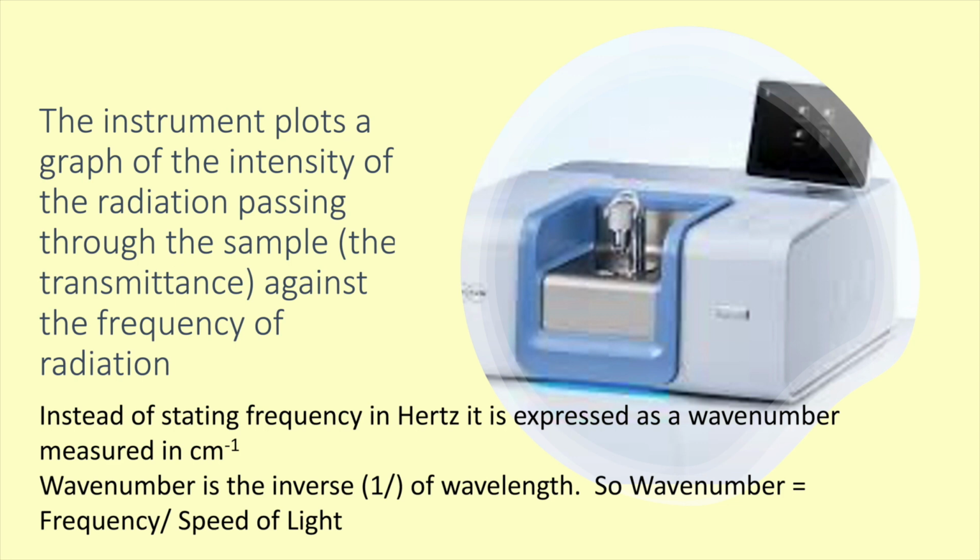Wave number is the frequency divided by the speed of light, so that's a conversion that the instrument can do when plotting the results.